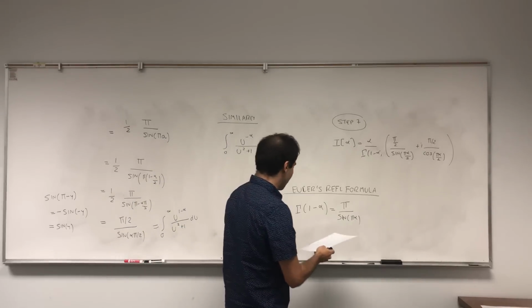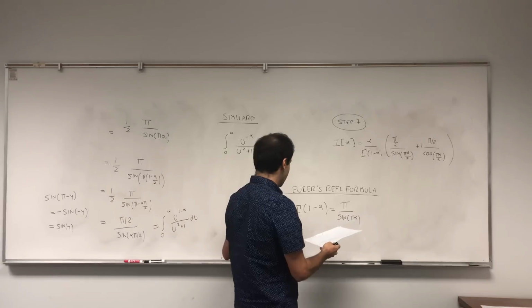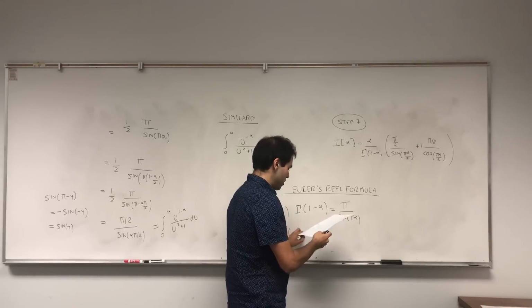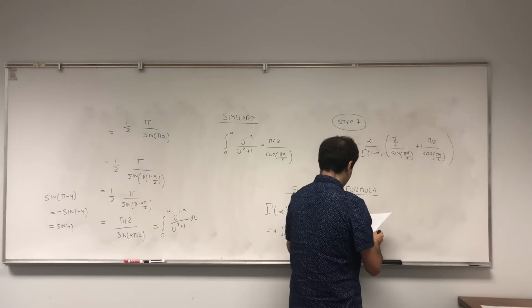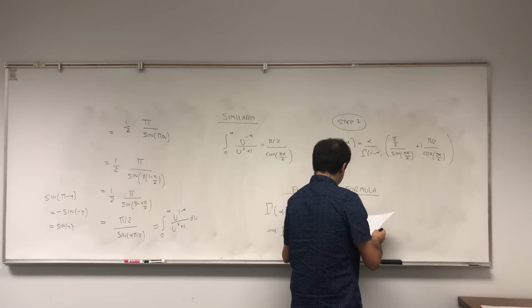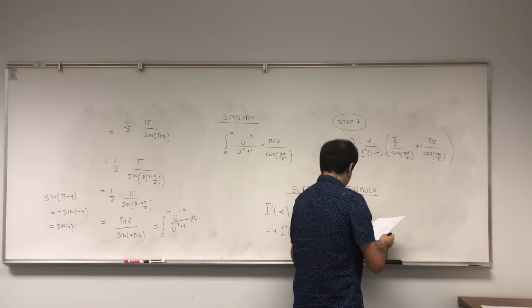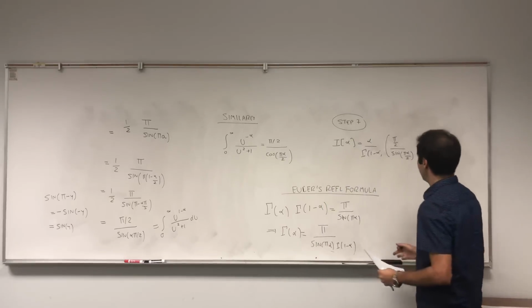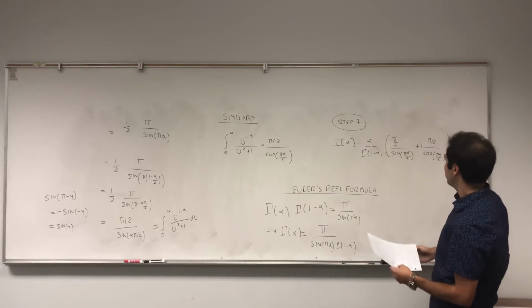Because we have this, we can actually solve for gamma alpha. That's just pi over sine of pi alpha times gamma of 1 minus alpha, which is kind of what we have here.